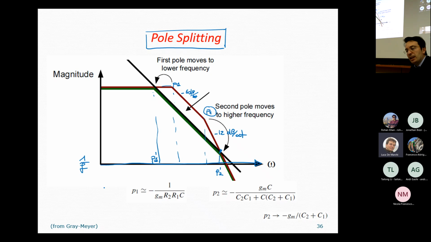In conclusion, the arctangent of omega null over P2 must be equal to 135 degrees minus 90, that is 45 degrees, minus 5.7 degrees, so 39.3 degrees.